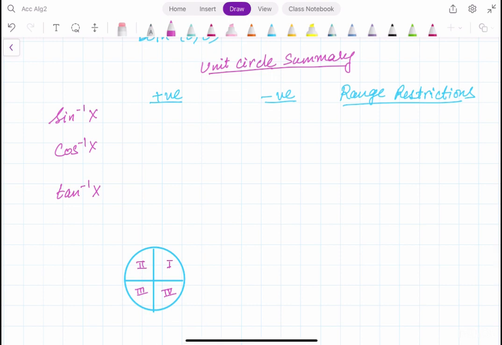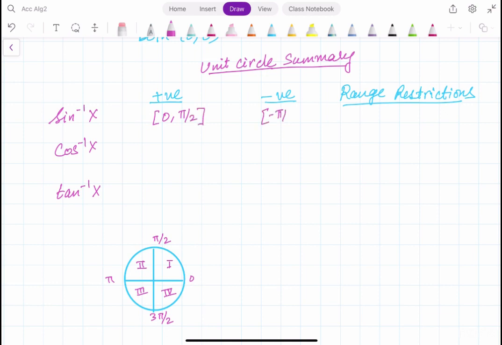So remember about the range restriction. Based on the range restriction, if you look at the unit circle, we have 0, pi over 2, pi, and 3 pi over 2. So for the sine inverse function, where the y-axis is positive, that's what we need to keep in mind: 0 to pi over 2.